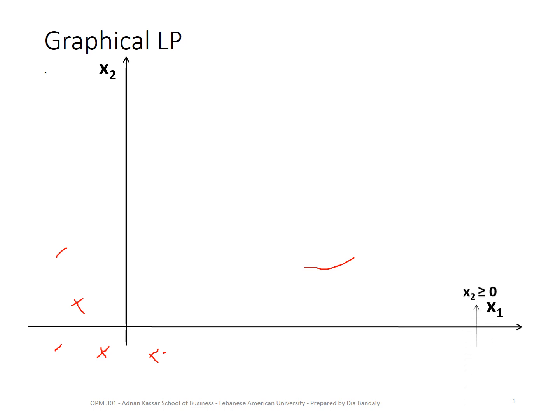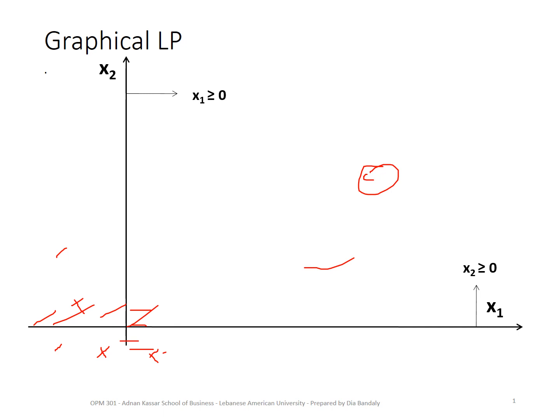Why? Because look at this, for x2 greater or equal than 0, it's only the upper part that is feasible for me. And for x1 greater or equal than 0, it's only the right-hand side that is feasible. Now you can see that it's only this quadrant that has an overlap between these two constraints, and that's what makes only this quadrant feasible for me.